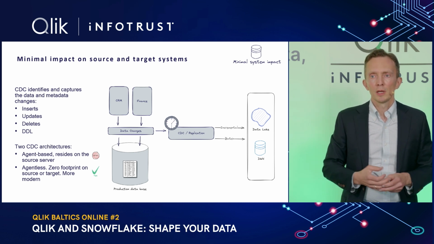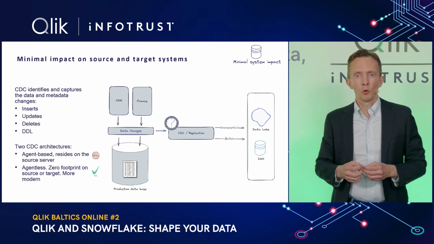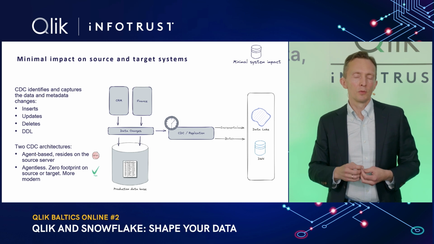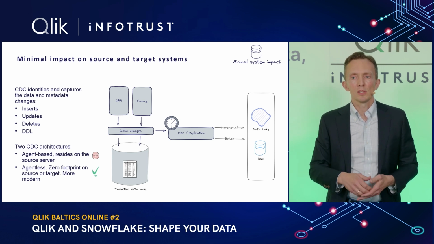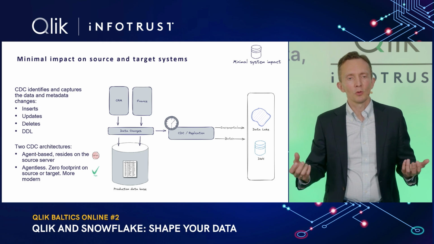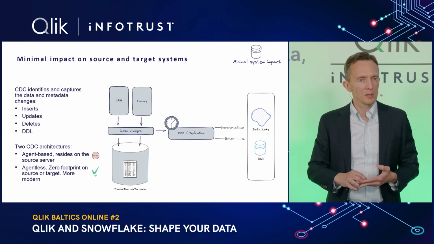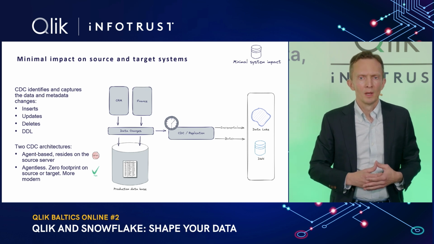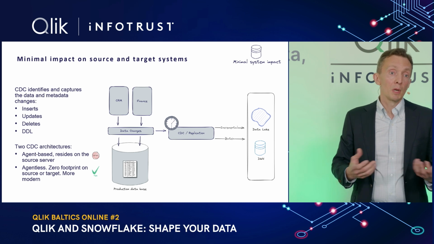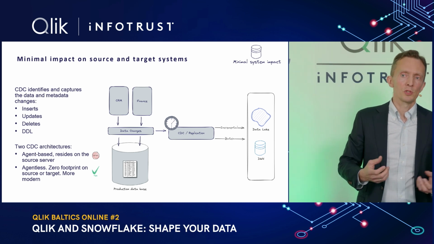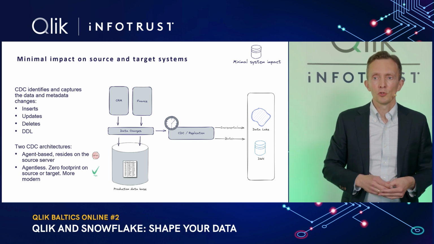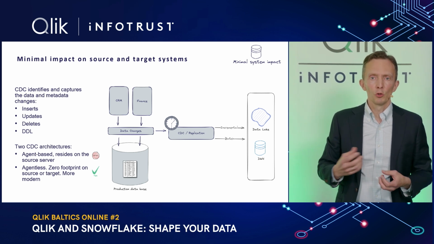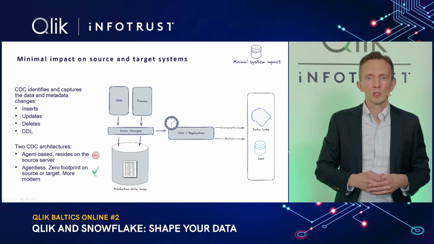There can be updates, like, for example, an address is corrected in the customer transactional record. Sometimes there are deletes when, for example, incorrect sales transactions are erased. That's rare, but it happens. And there might be changes to the structures of the database, the data definition language, like new tables, column changes, and data type changes.